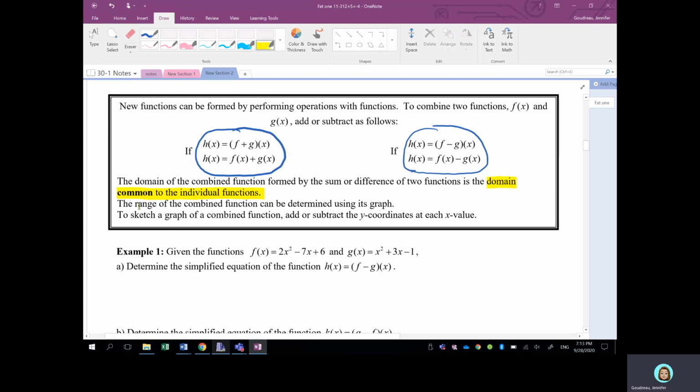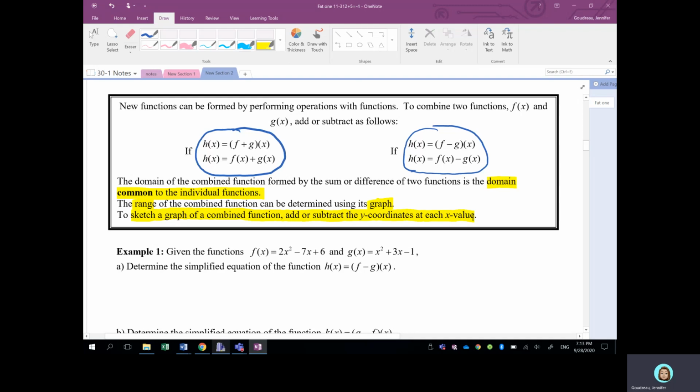The range of the combined function can be determined using its graph for the most part. We're going to find that sometimes we can analyze the function as well to get the range without graphing it, but most times we will have to graph it. And then finally, to sketch a graph of a combined function, add or subtract the y coordinates at each x value.